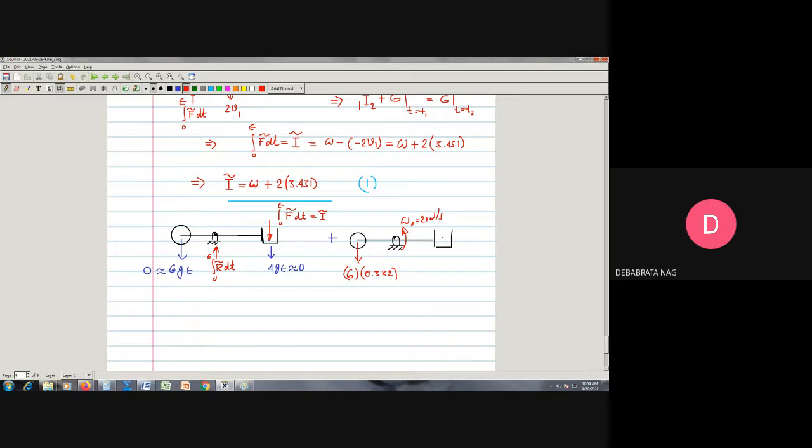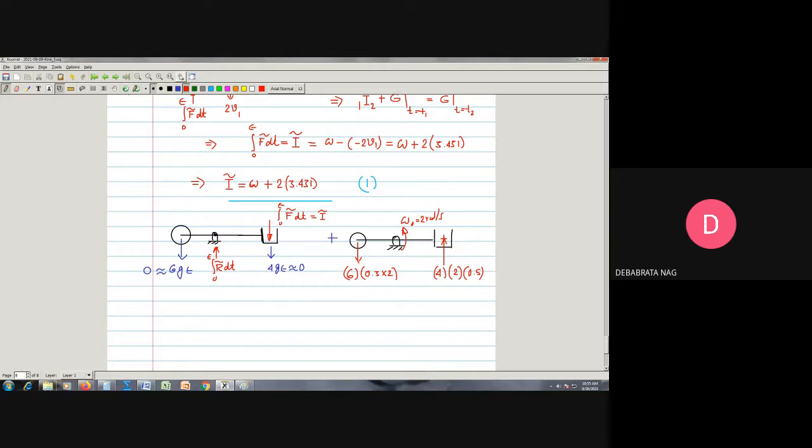Exactly in a similar manner, I can find out the linear momentum of this socket. So how much is the linear momentum of this socket? It is 4 kg. You remember its mass is 4 kg. So 4 multiplied by 2 into 0.5. So that is its linear momentum.